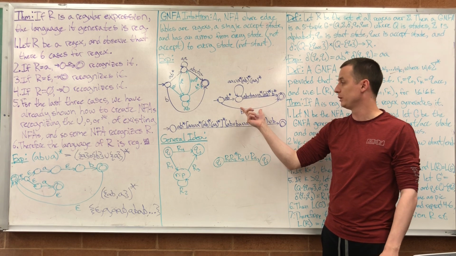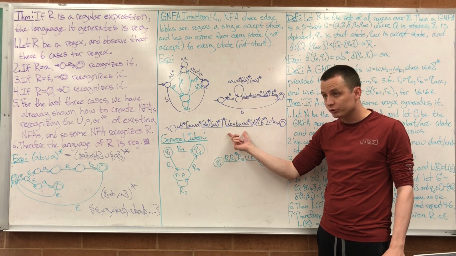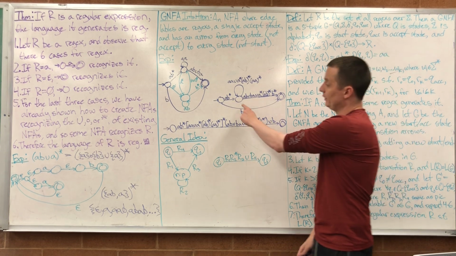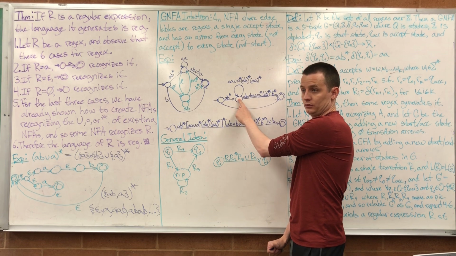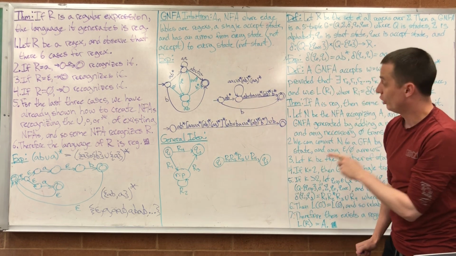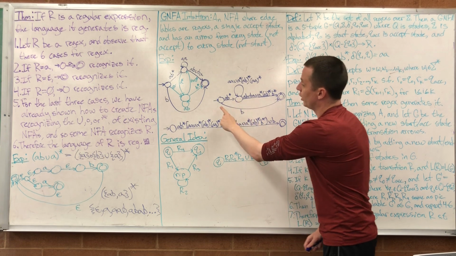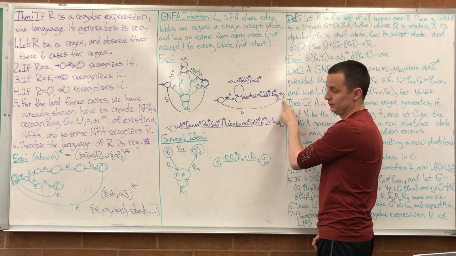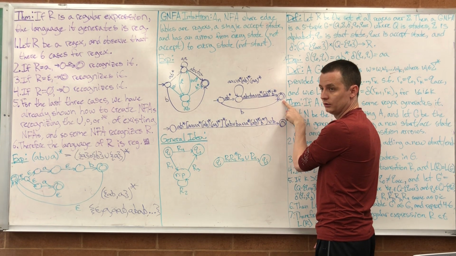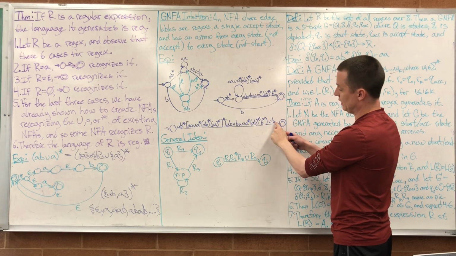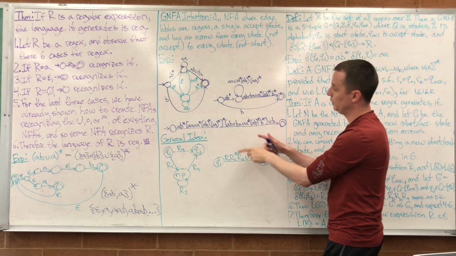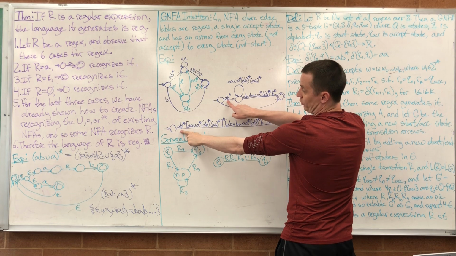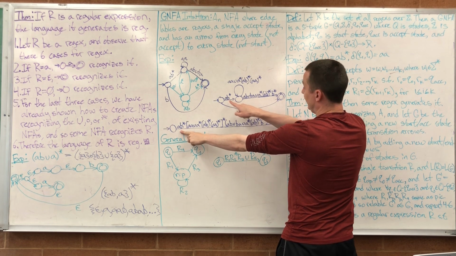And now we're going to go from a 3-state GNFA to a 2-state GNFA by ripping out this middle state. Right? So if we rip out this middle state, what are all the ways that we can go from here to here? Well, we could do B, or we can do AB star. That gets us over here.